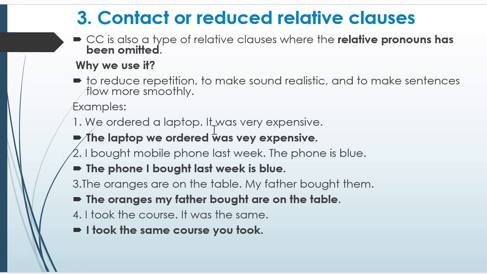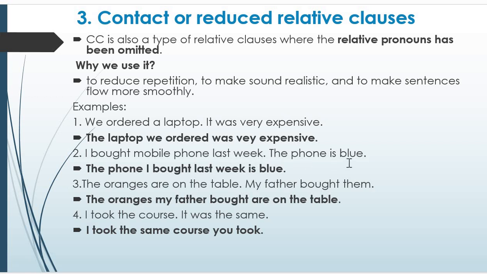We ordered a laptop. It was very expensive. As you have seen, these two sentences are separate simple sentences. We can join them into one sentence using a contact or reduced relative clause, like: the laptop we ordered was very expensive. Okay? The second one: I bought a mobile phone last week.